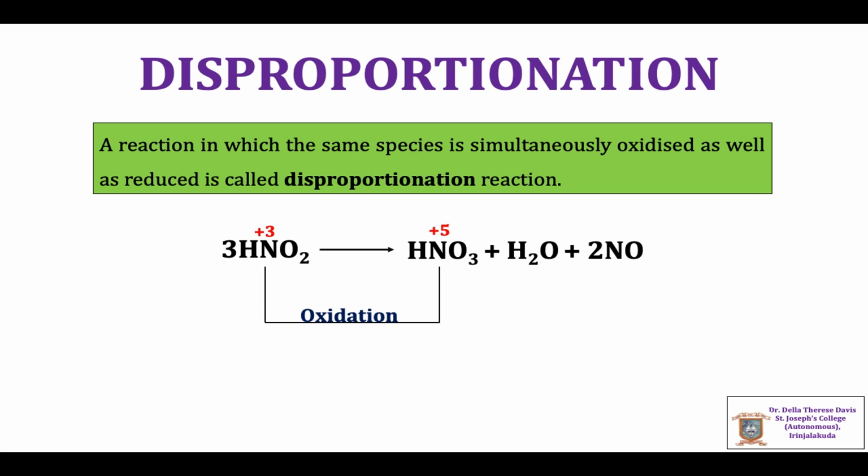Thus, the reaction is an example for disproportionation reaction. In HNO2, the oxidation state of nitrogen is +3. In HNO3, it is oxidized to +5. In NO molecule, the oxidation state of nitrogen is +2. Here, the +3 oxidation state of nitrogen is reduced to +2.